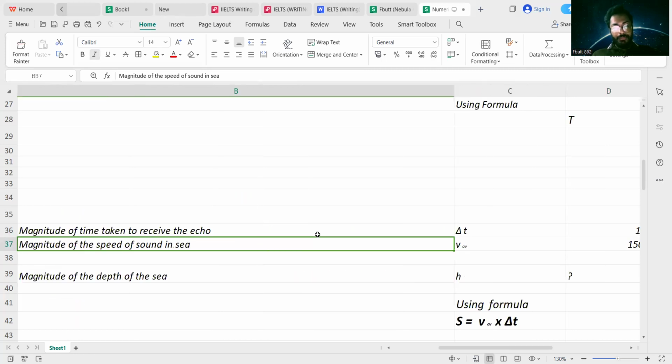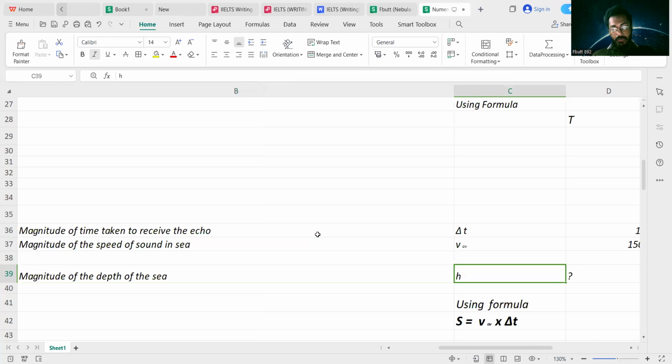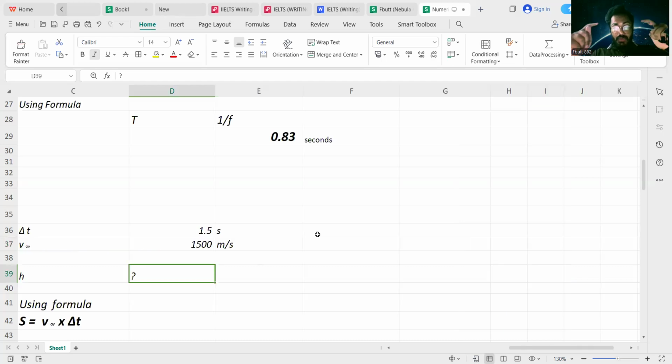So first of all, what did the examiner ask? To calculate the depth of the sea, that is the height from the surface of the sea to the seabed. Okay, we have to calculate the depth of the sea, which means we have to find the one-way distance.